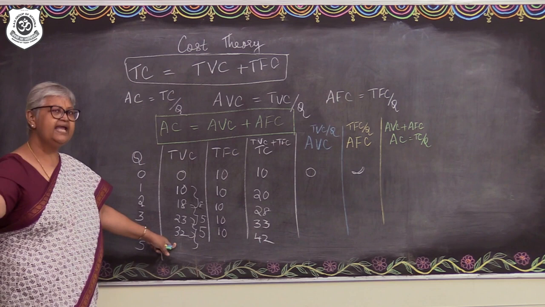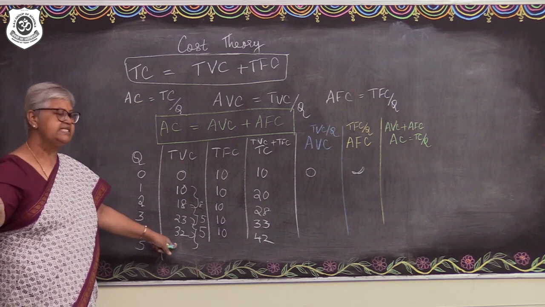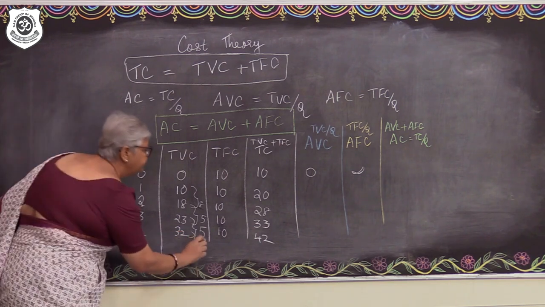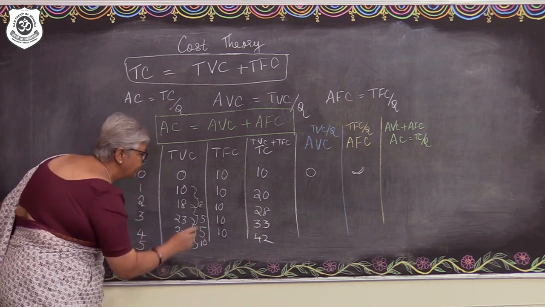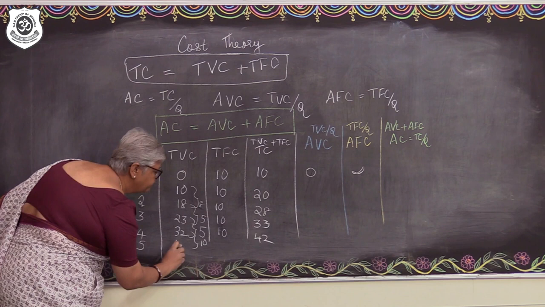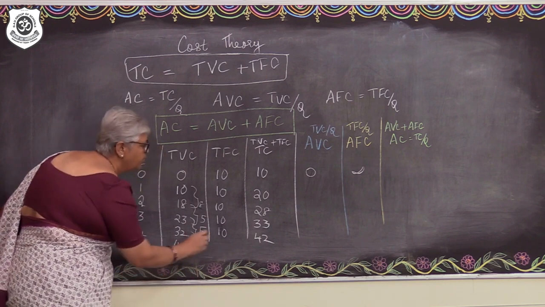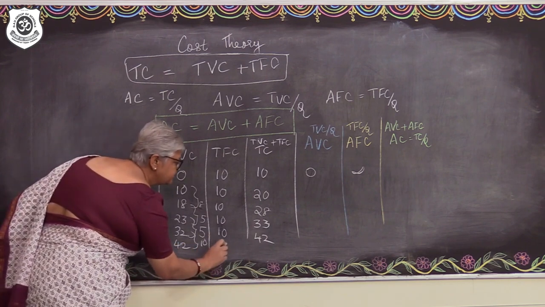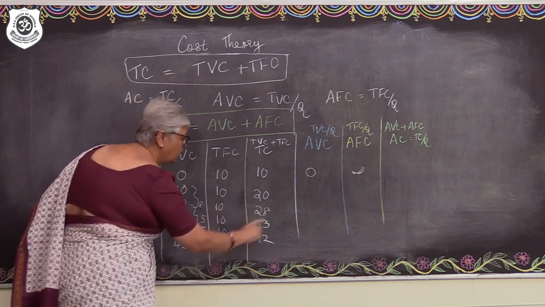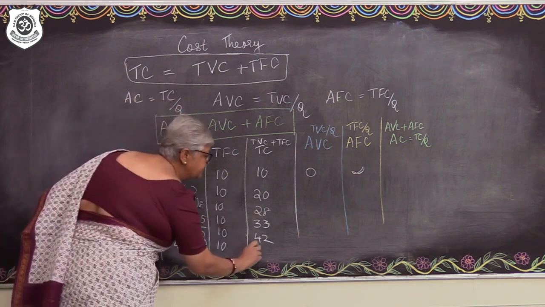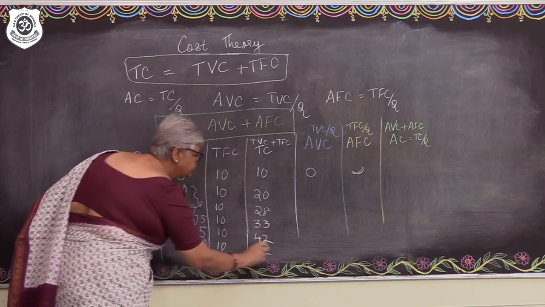After that, negative returns is going to set in. So the total variable cost is going to increase by 10 and this is going to be 42. What about this? Fixed cost still remains fixed. As a result of this, the total cost will be 42 plus 10 and that will be 52.